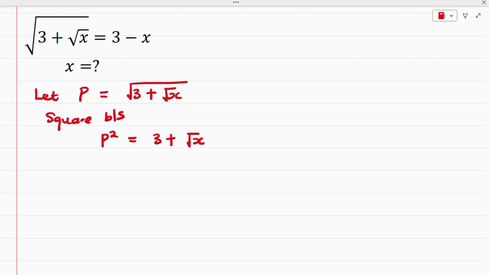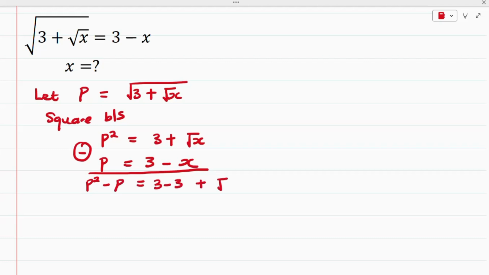Okay, the next thing we want to do is substitute p. If we substitute p, we have that p is equal to 3 minus x. So we want to subtract these two equations, and subtracting, we have p squared minus p is equal to 3 minus 3 plus the root of x minus x.